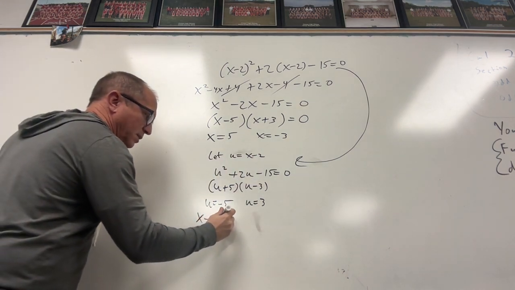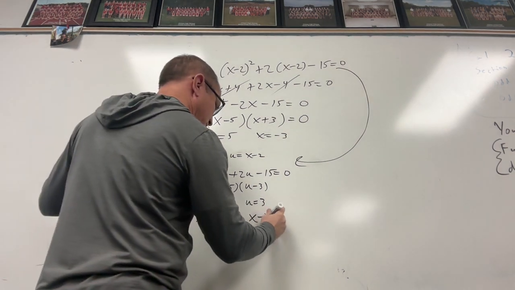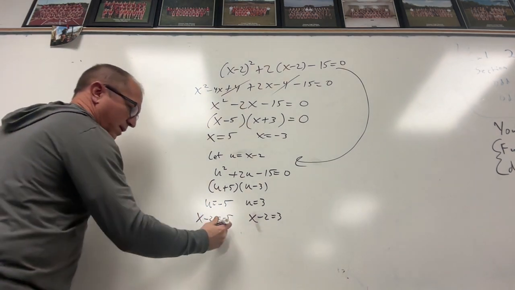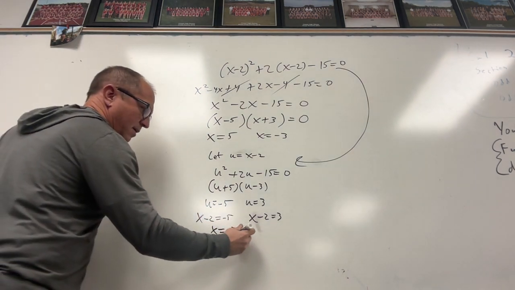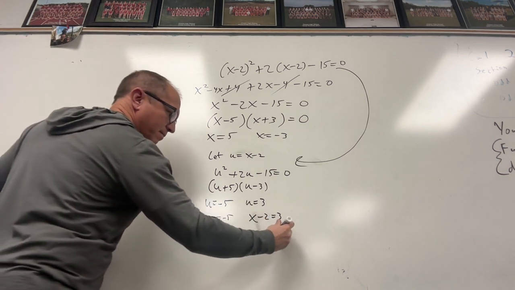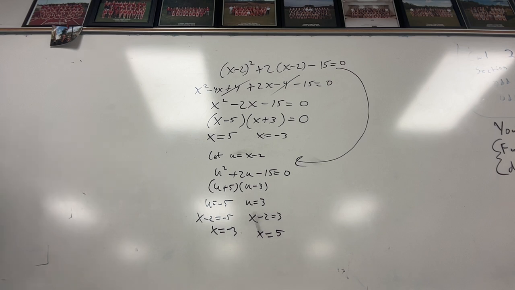So x minus 2 equals negative 5, and x minus 2 equals 3. So if I add 2 here, I get negative 3. And if I add 2 here, I get 5. So I do end up getting the same solutions, negative 3 and 5, either way.